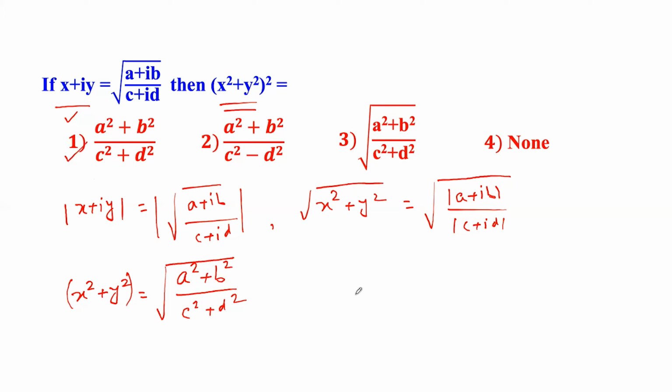So here we are applying the formula: mod z of under root is the same as under root of mod z. So the key point for this question would be this one.